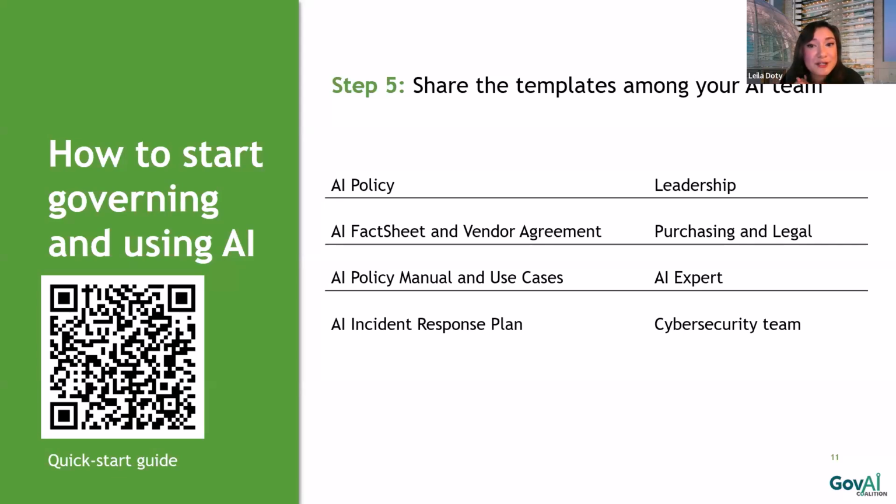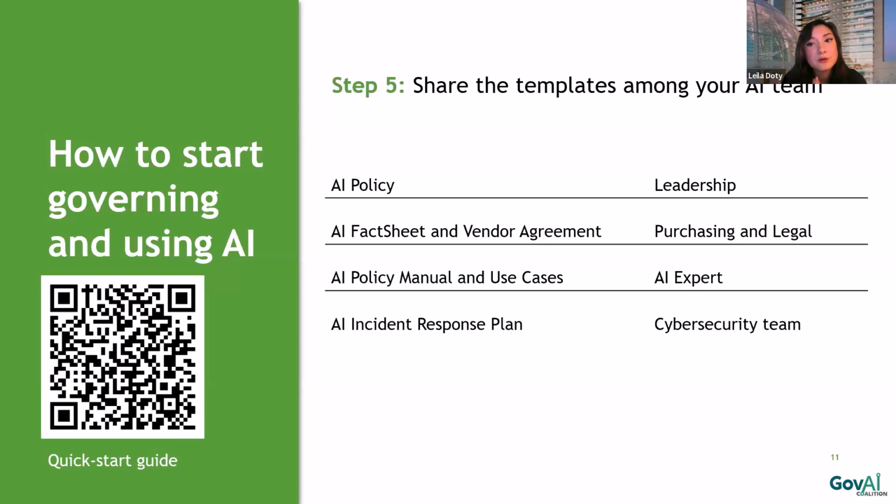You'll also want to make sure that your AI expert is pretty fluent in the AI policy manual and the use case guides. Starting with the manual, that is a 20 to 30 page document that goes into pretty great detail on how to actually implement the high-level AI policy that I was just talking about a few steps ago.